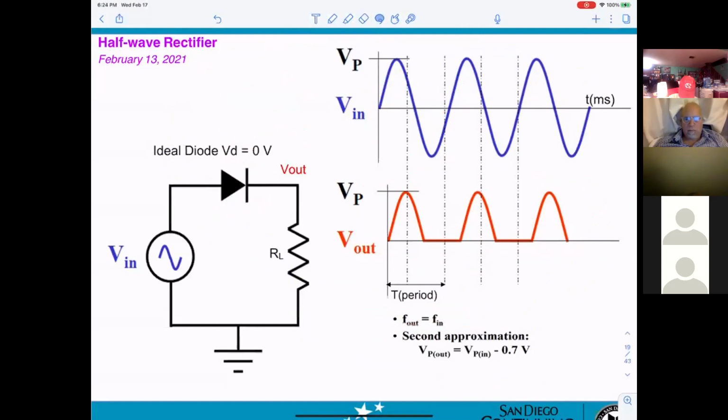Right now I say normal diode. I don't want the ideal; I want VD 0.7. So for positive input here, is the diode on or off?